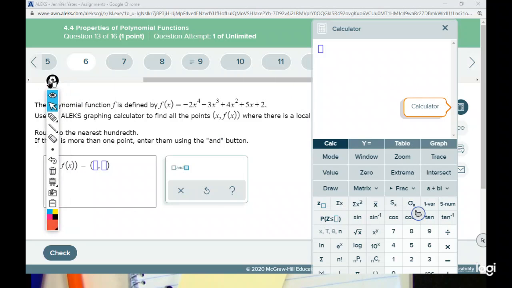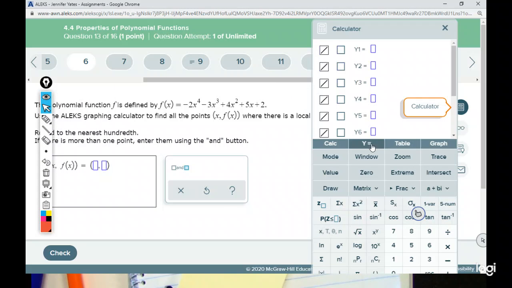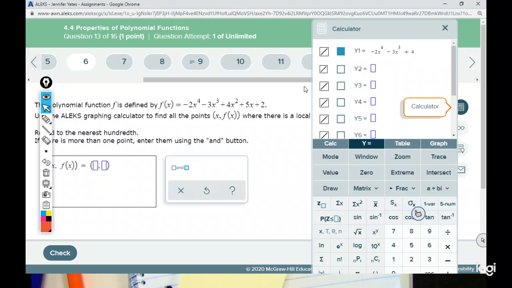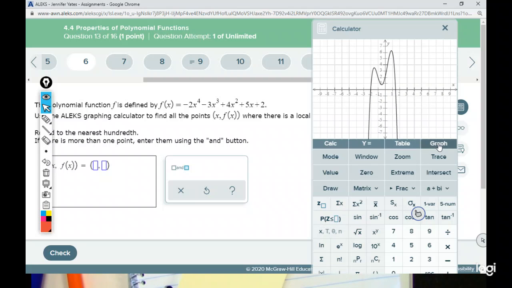Negative 2x to the 4th, then what? There's 3x cubed plus 4x squared. My goodness, that's a long one. 5x plus 2. We're going to graph it.